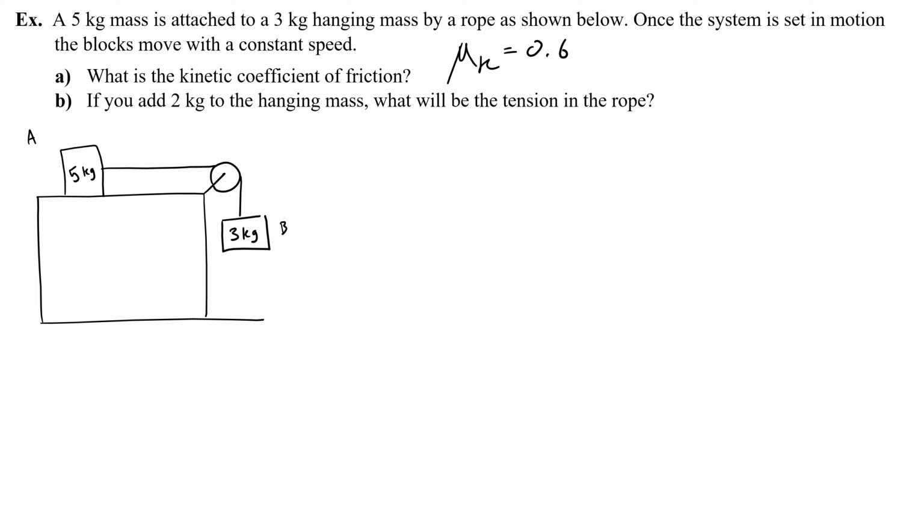So now, instead of just having 3 kilograms, we're adding a 2 kilogram block on top. Now, what I'm going to do is change my mass B from 3 to 5 kilograms and just pretend like it's one object. So mA is 5, and now so is mB.